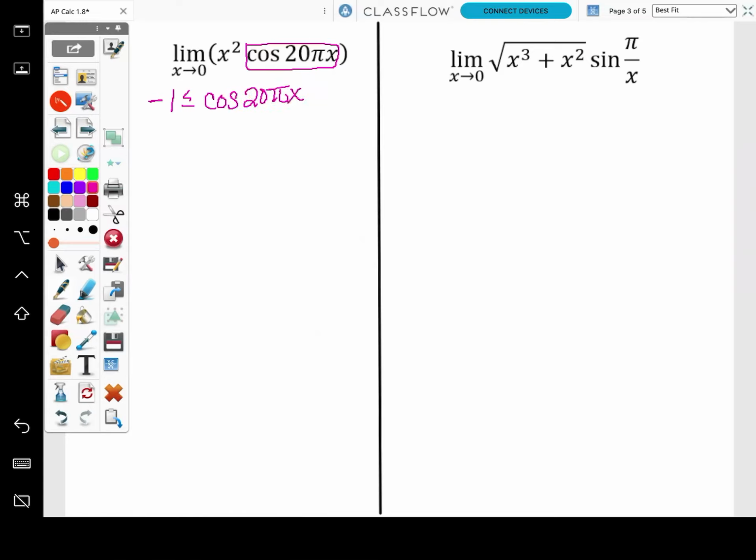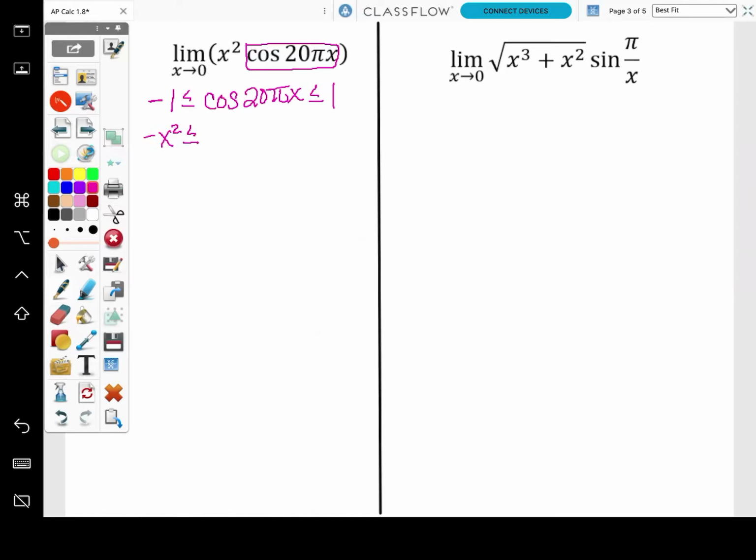So I'm going to leave all of the argument in there, the cosine 20 pi x, and it's between -1 and 1. So those two functions, -1 and 1, are just giving a big old hug to our cosine function, whatever that cosine function looks like. Same idea, we're going to multiply by x squared.